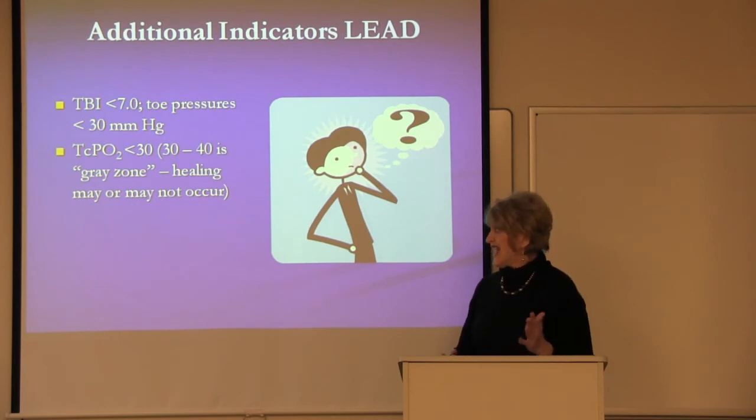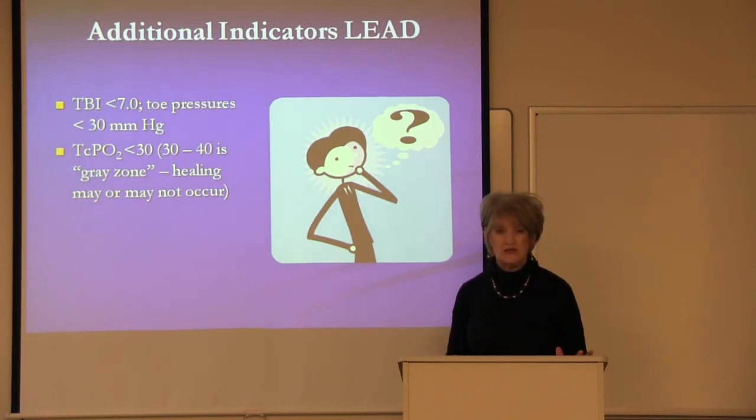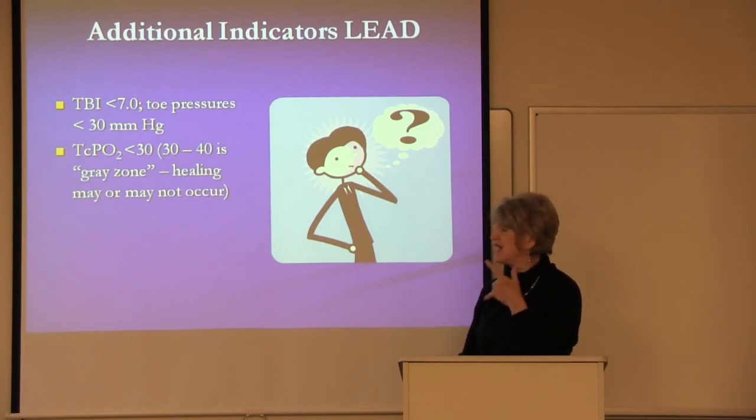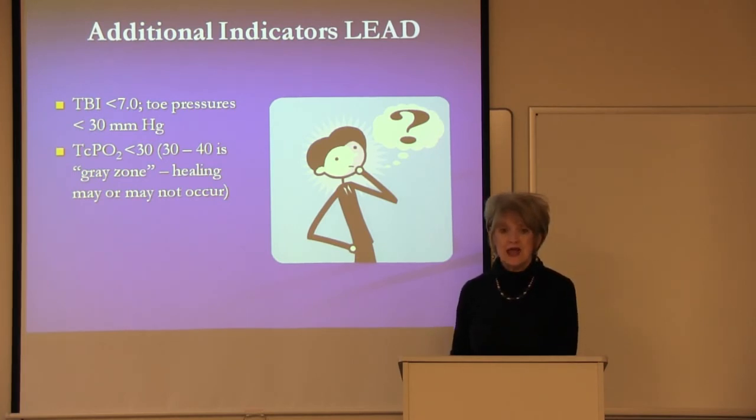Now, I'm not really going to ask you about toe brachial index or TcPO2 because those are typically done only in a vascular lab. They might ask you about this on the certification exam, so I'm going to go over it. Toe brachial index has been recommended as an alternative to ankle brachial index in a patient who has high ABI readings.